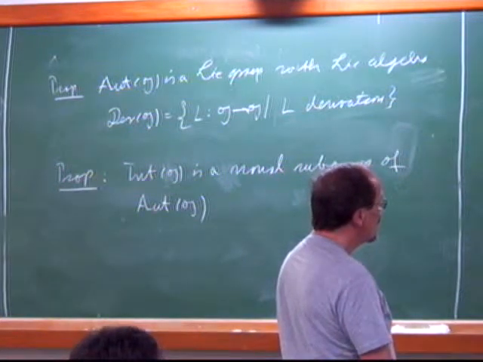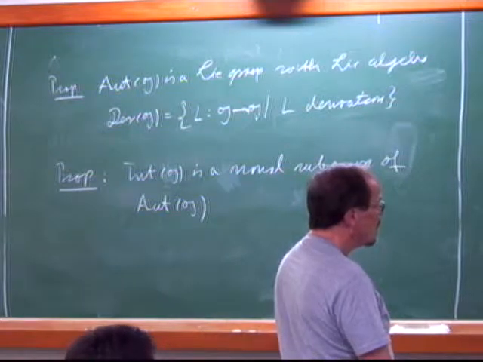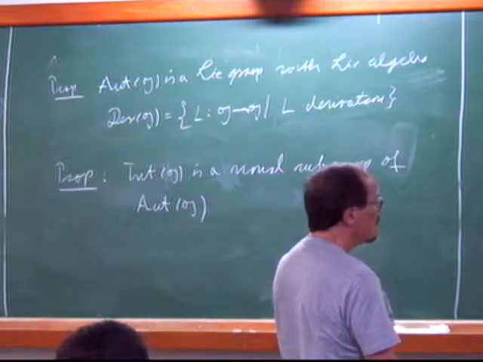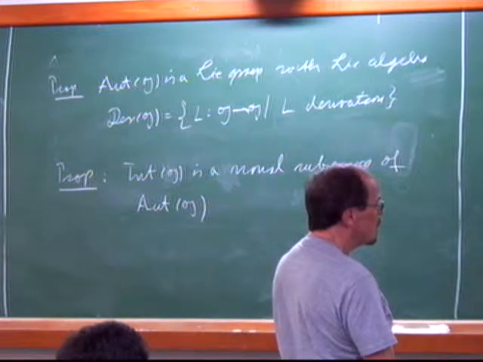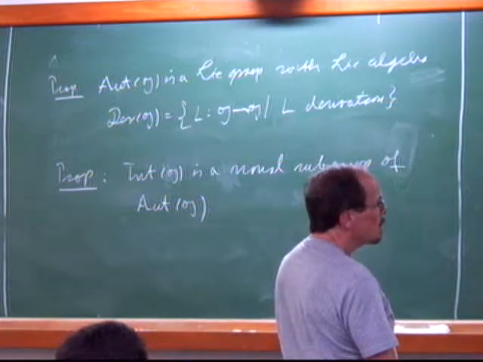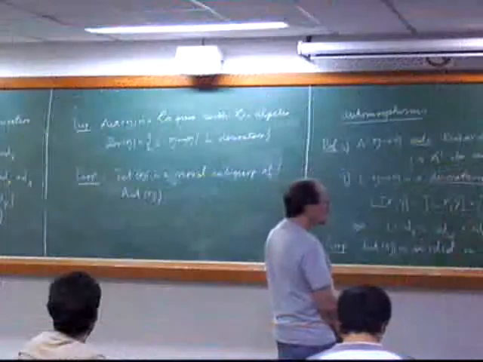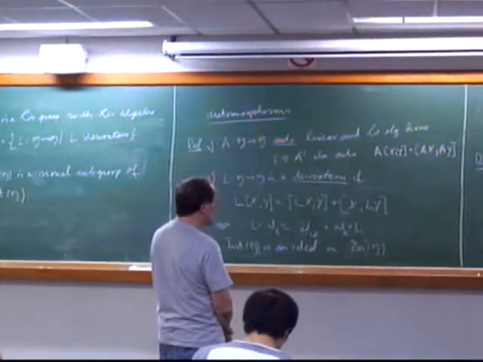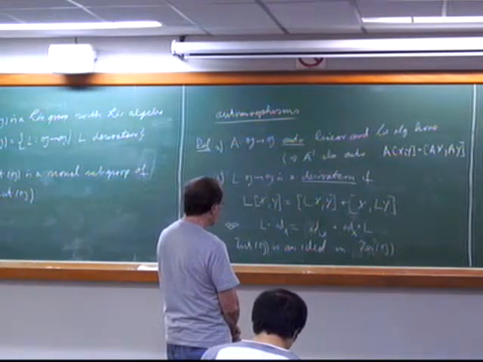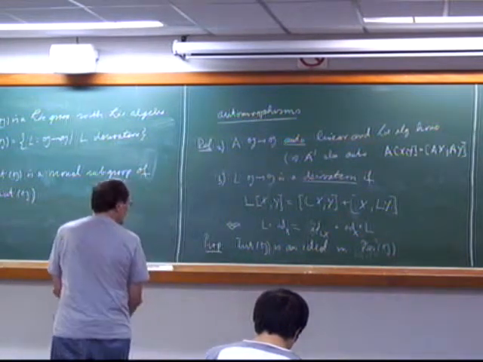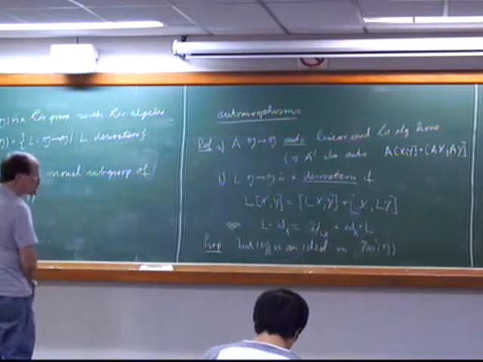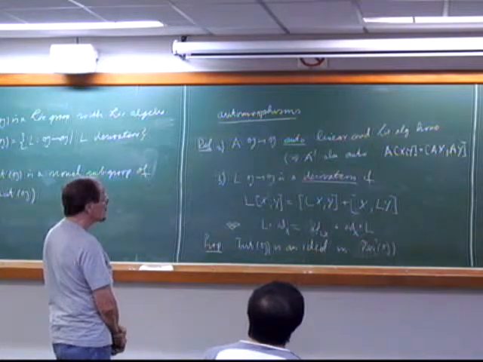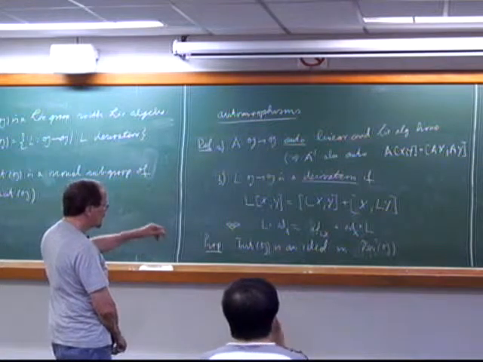The integration of an inner derivation is the inner automorphism. So what did I call the Lie group of int? No, this one is wrong, right?